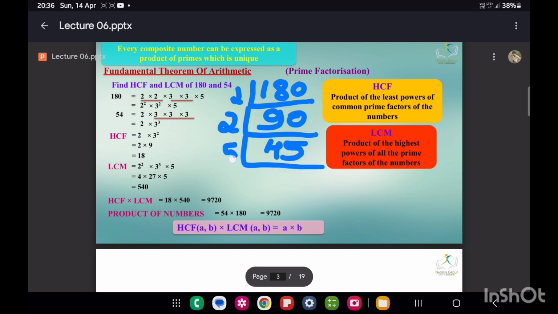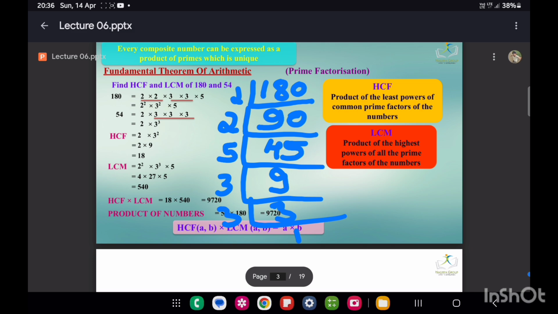Then 5 nines are 45, 3 threes are 9, and 3 ones are 3. At the end we have to get 1. If you don't know this trick, we have to get 1 at last.